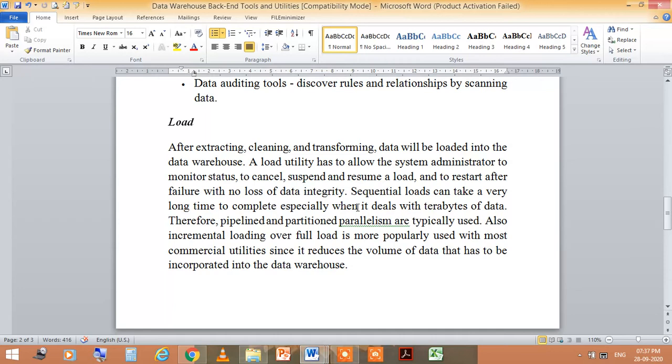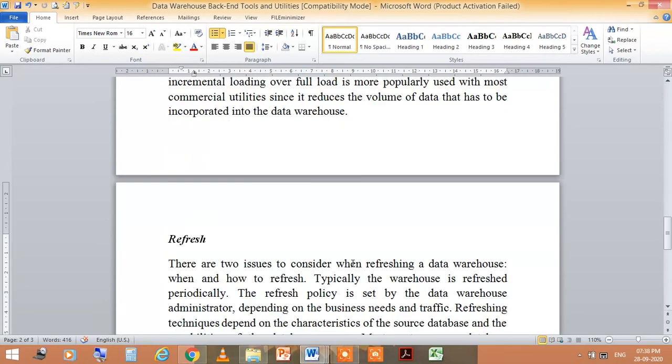Sequential loads can take a very long time to complete, especially when dealing with terabytes of data. Therefore pipeline and partition parallelism are typically used. Also, incremental loading over full load is more popularly used with most commercial utilities, since it reduces the volume of data that has to be incorporated into the data warehouse.